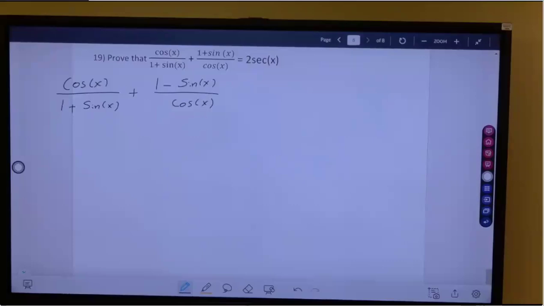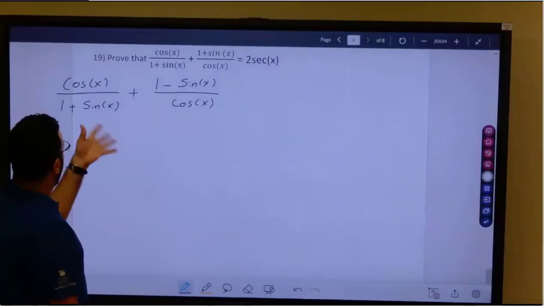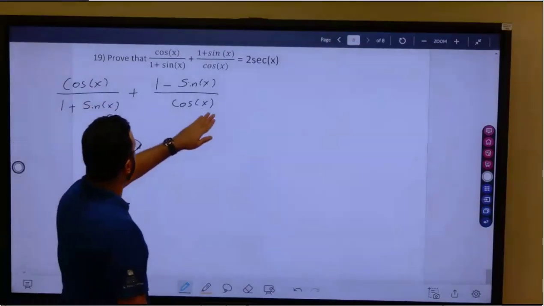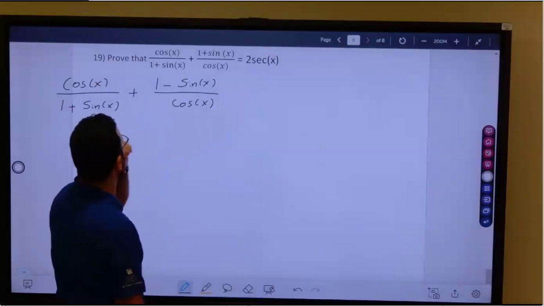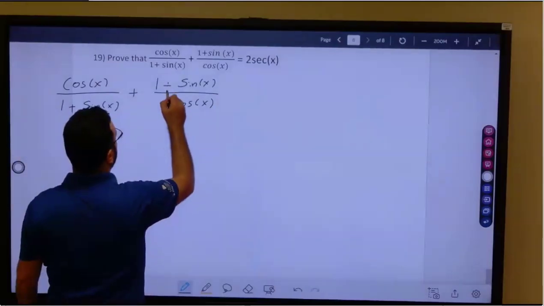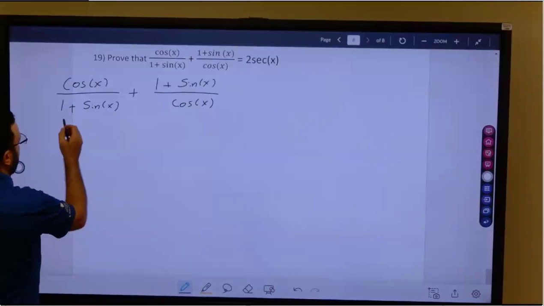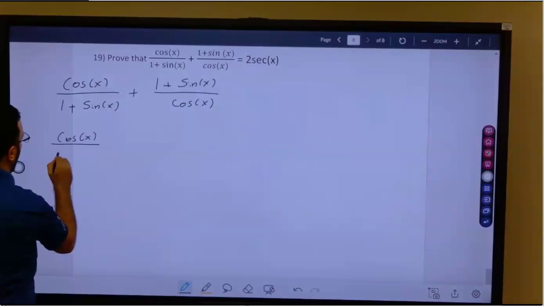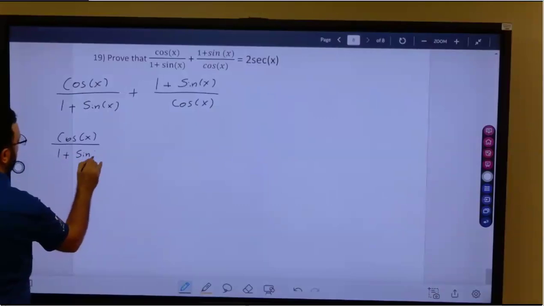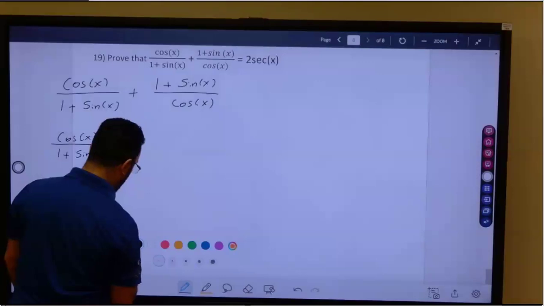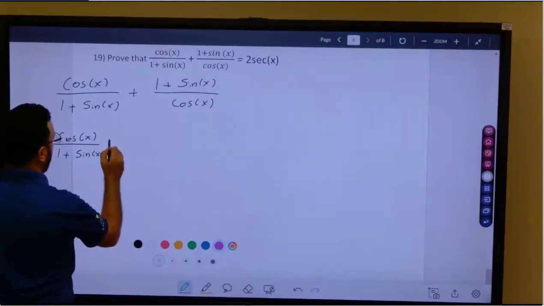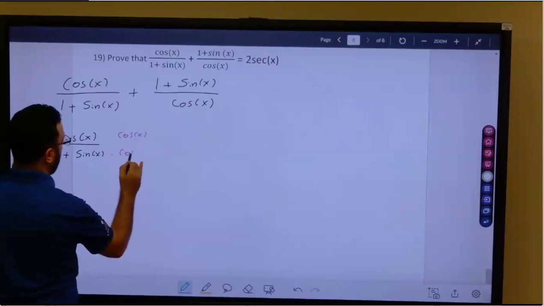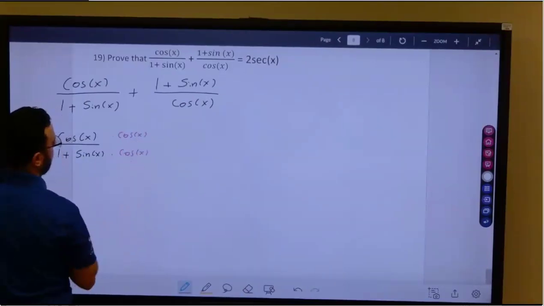So let's do the same thing. To find the common denominator, I have to multiply this one by cosine, and this side by 1 plus sine. This one is a plus. So I'm going to say this is cosine x over 1 plus sine x. I'm going to multiply this one by cosine x and this one by cosine x.